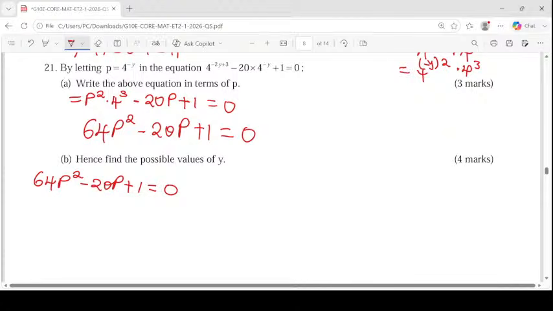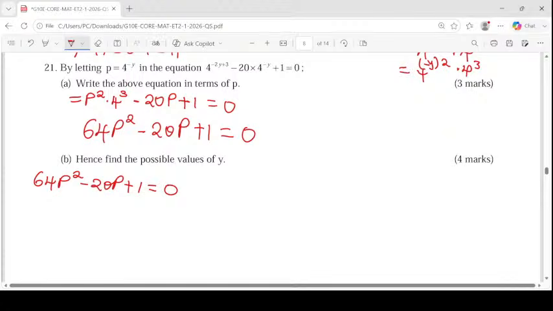We have to look for two numbers whose sum is negative 20 and product is 64.